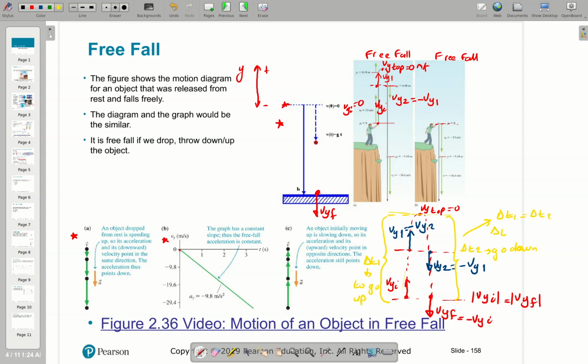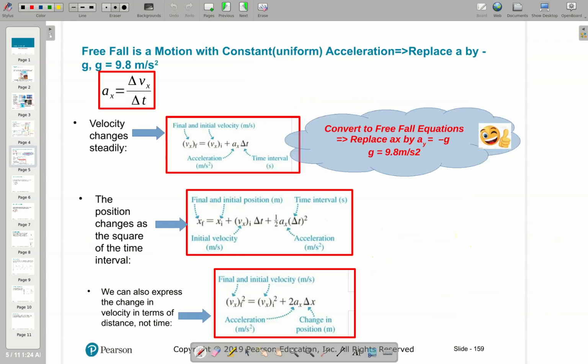Total time, delta t total, is equal to either 2 times delta t1 or 2 times delta t2, equivalent, right? Or to delta t1 plus delta t2. You add all those times. So that's free fall. Those are all the properties.